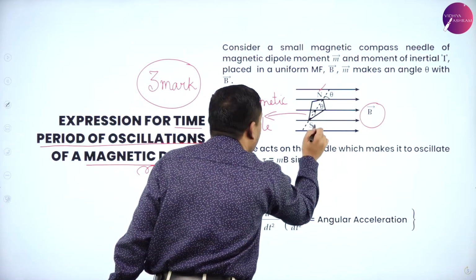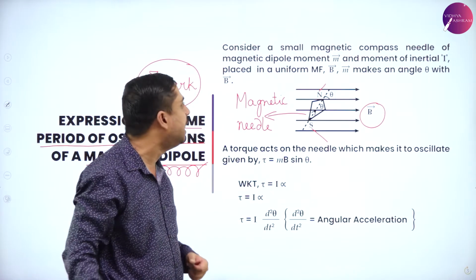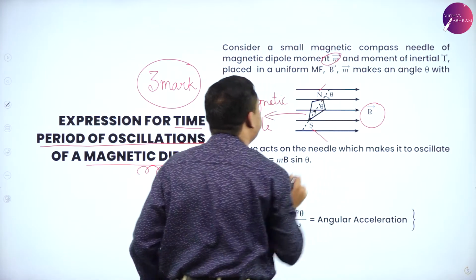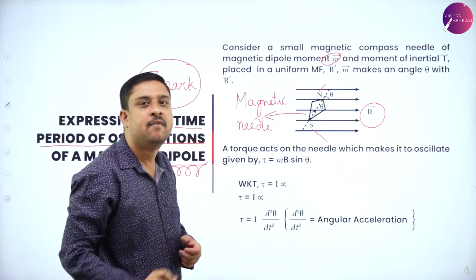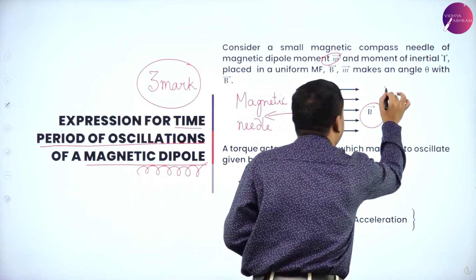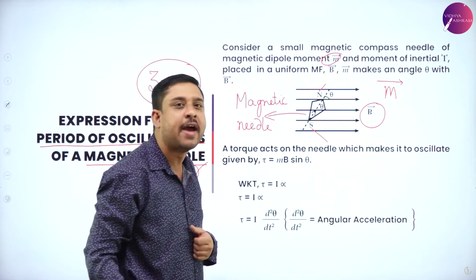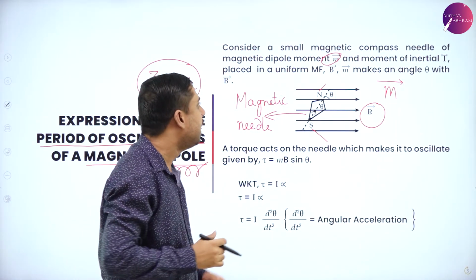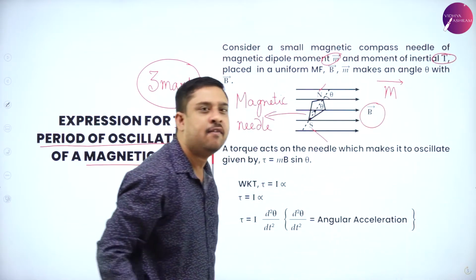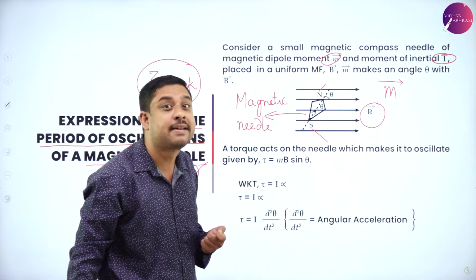The north pole of the needle, the south pole of the needle, and therefore I say it has a dipole moment vector M. So this needle has a dipole moment vector M and moment of inertia I. Here I is not the current.